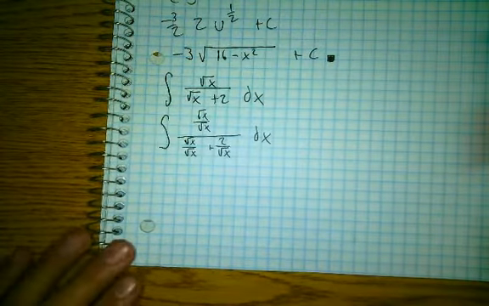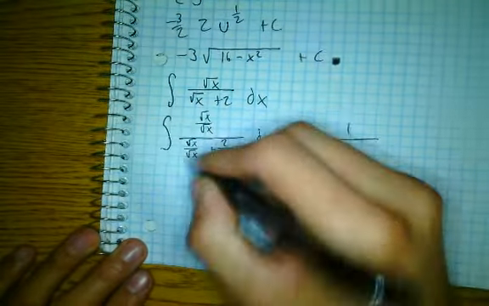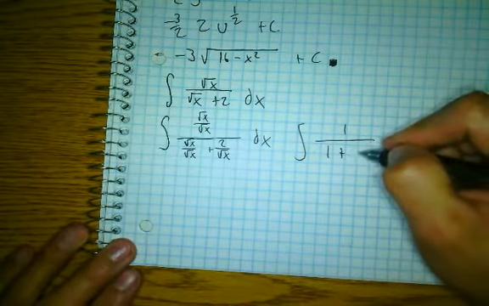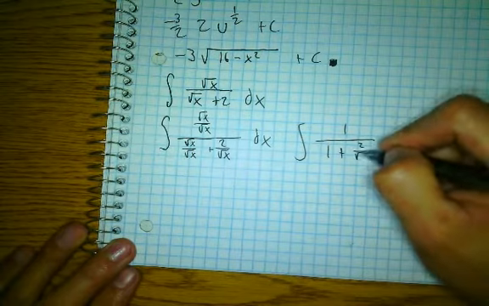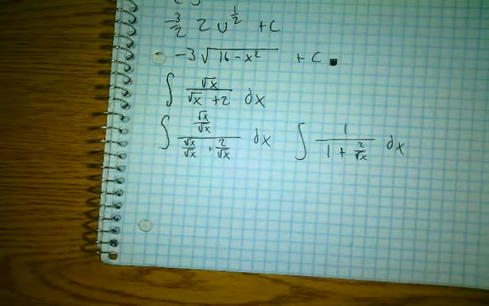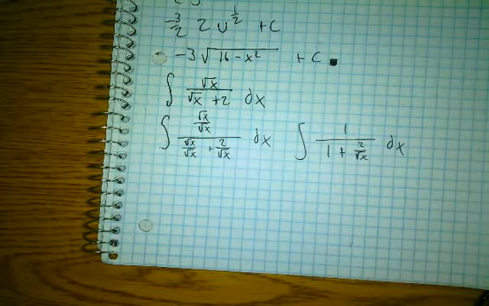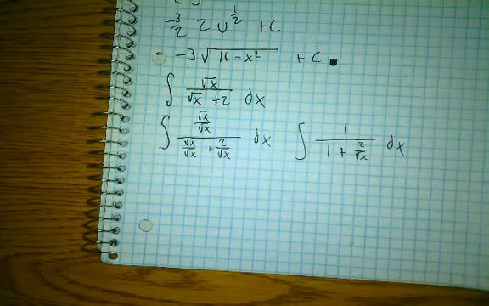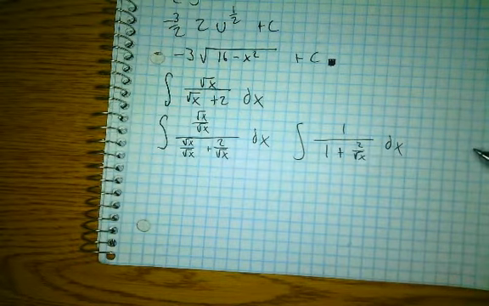Square root of x over square root of x is 1, so that's 1 plus 2 over root x dx. But my problem is that we still have this issue of having something over that.